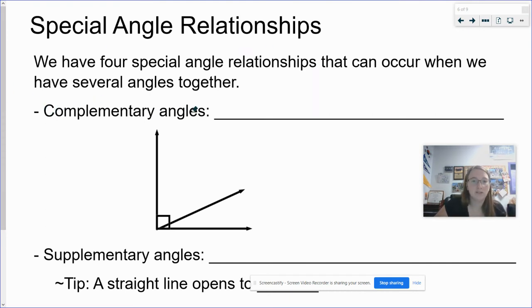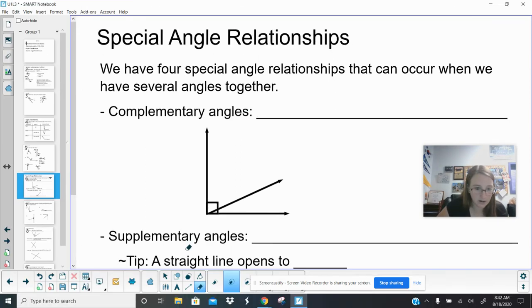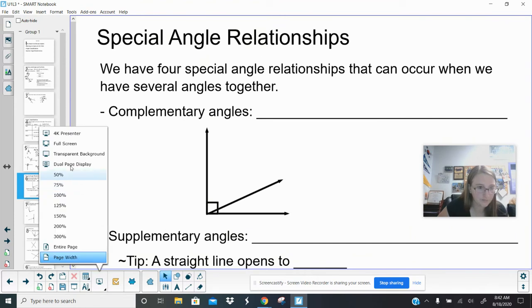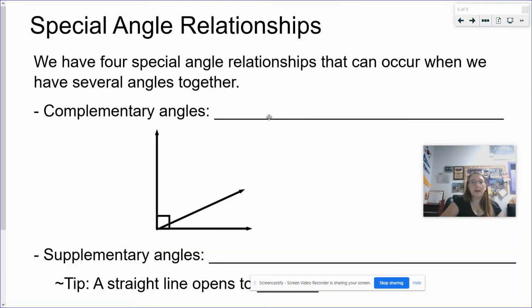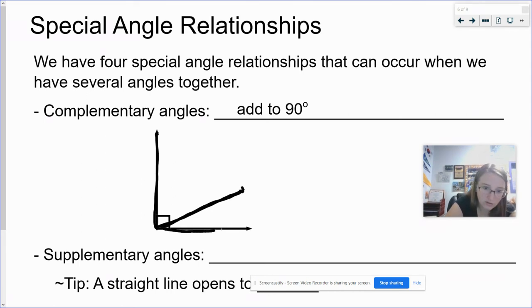So complementary angles, this is the first special relationship. Complementary angles add to 90 degrees. So you can see here, this is one angle, and this is another angle.